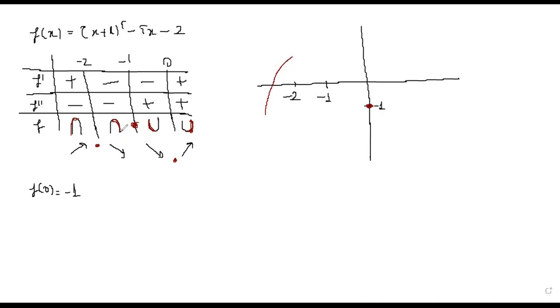Then it should be like this, right? And now at x equals -1, we need to have something like this, right? So it should change its concavity from downward to upward.